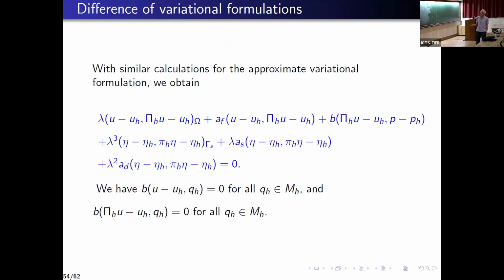We would like to have an estimate on U minus U_h. And so we have to introduce some projection of U_h. And so we have to split this quantity into the square norm of the error that I want to estimate plus additional term.